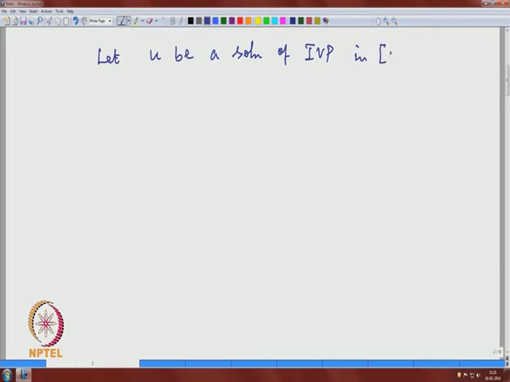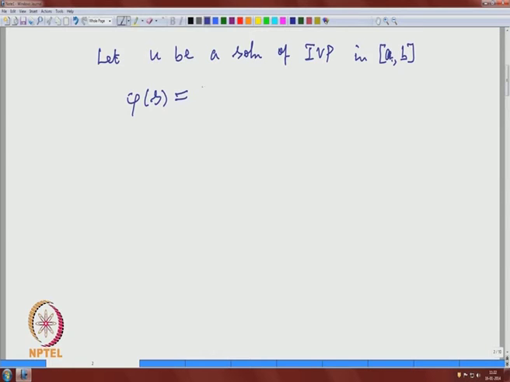Last time we stated a theorem where some sufficient conditions were imposed on the right hand side function f, so that the solution of the initial value problem exists for all t in this interval. With this u we form this real valued function phi of s. Remember, the second condition on u depends on s.